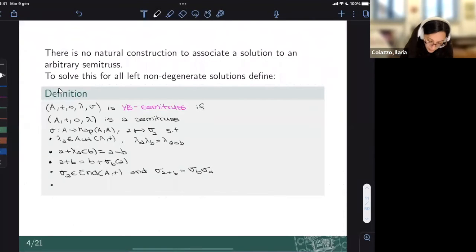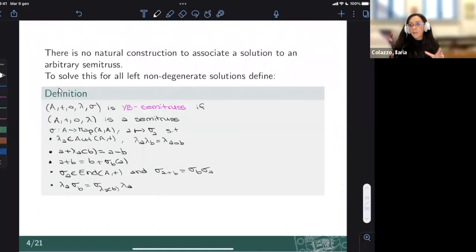So we want that lambda A sigma B is just equal to sigma lambda A of B lambda A. So somehow we can change place between lambda and sigma.